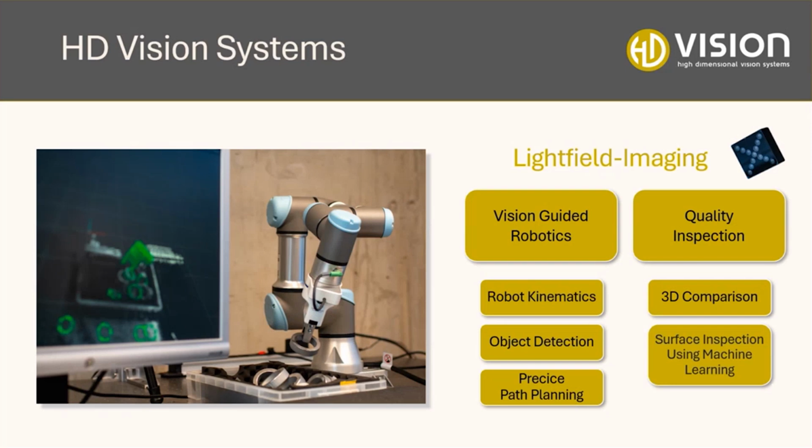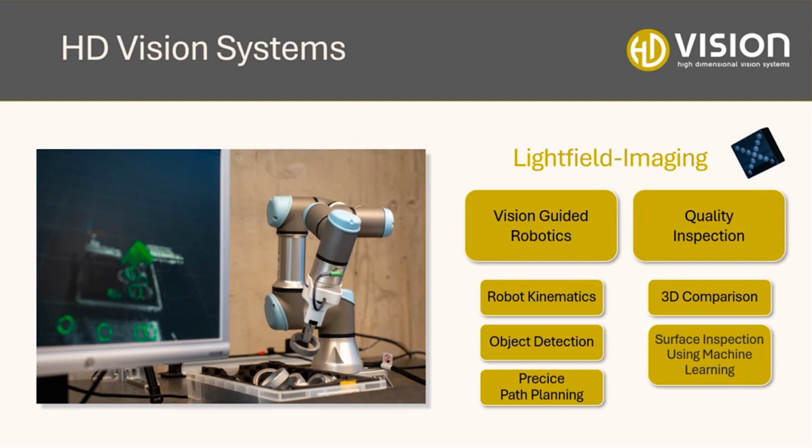Our core product is a light field imaging sensor, the LumiScan X, which is a 3D sensor. So you can take normal 2D images, but also capture 3D data. With this 3D data, we are able to do applications for vision-guided robotics like bin picking, bin placing, and depalletization.